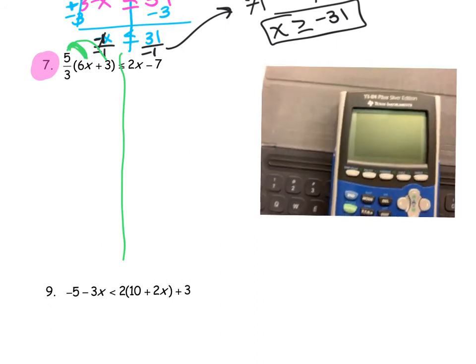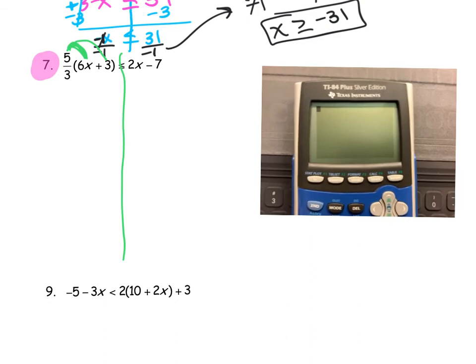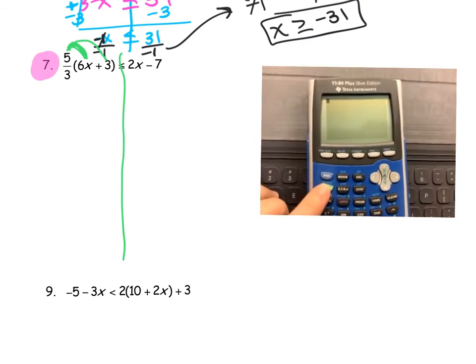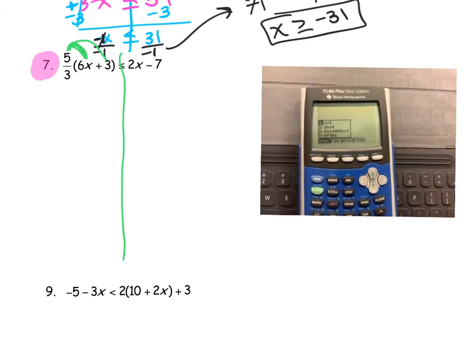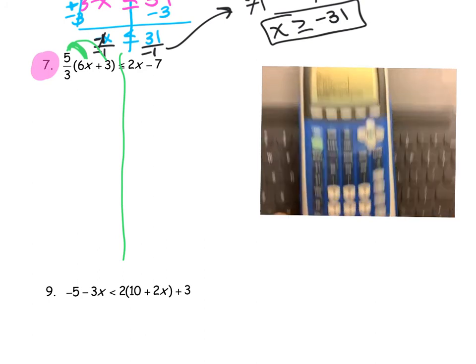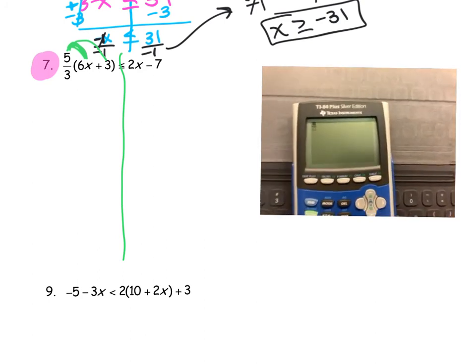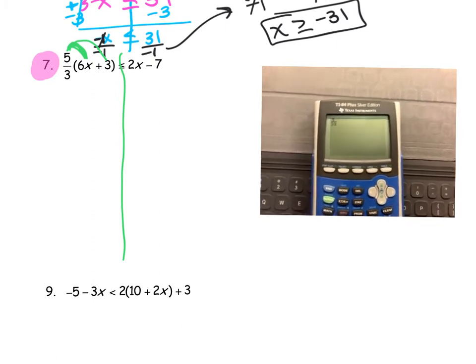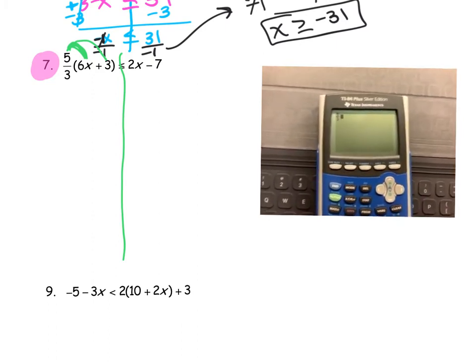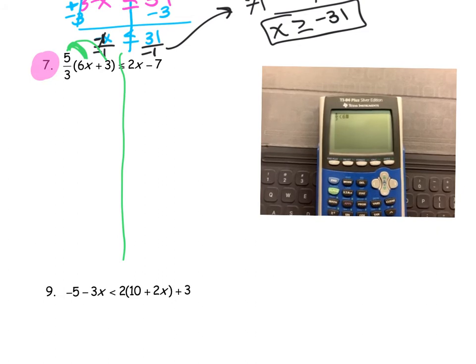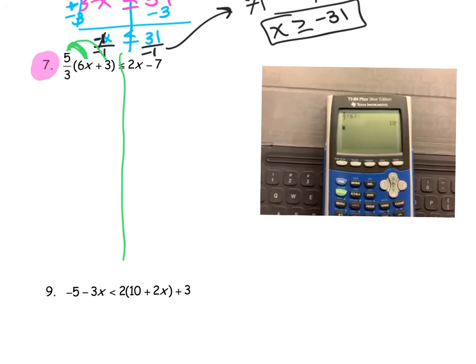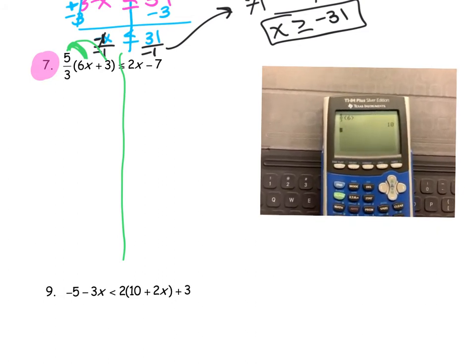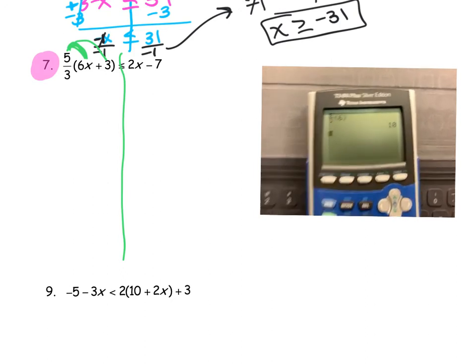So I'm going to go into my calculator. I've got alpha, y equals, enter. I'm going to type in that 5, move it down over 3, move to the right, and we're multiplying it by 6. You are not writing 6x in the home screen.